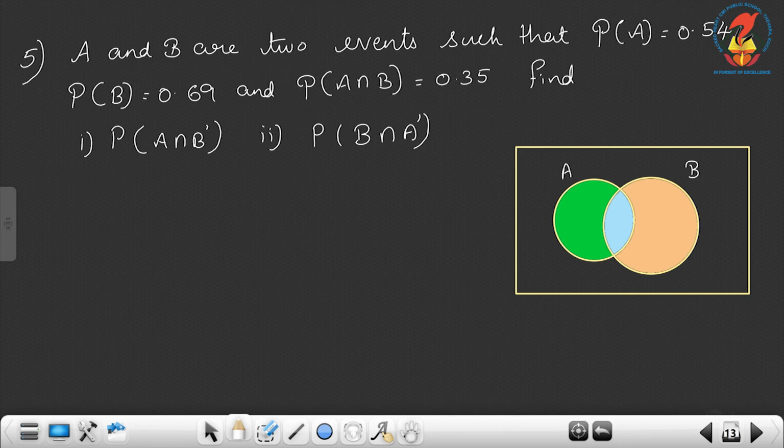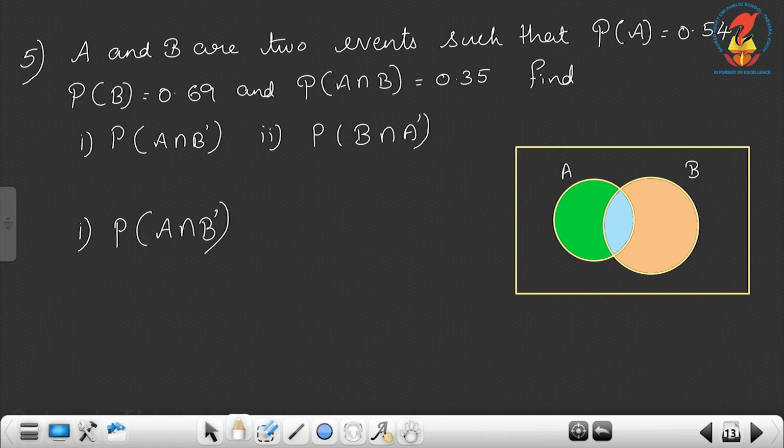The next one, A and B are 2 events such that P of A is 0.54, P of B is 0.69 and P of A intersection B is 0.35. Find P of A intersection B complement.